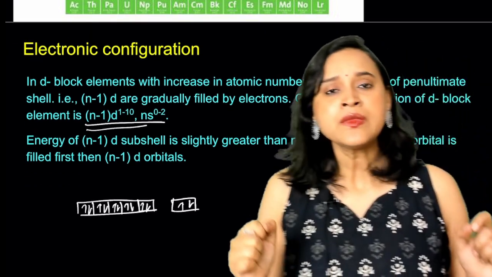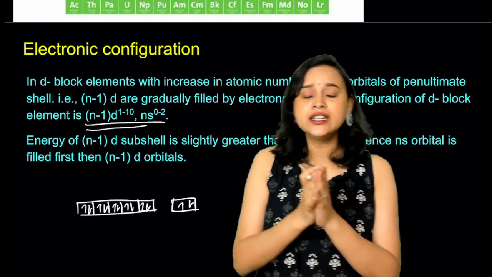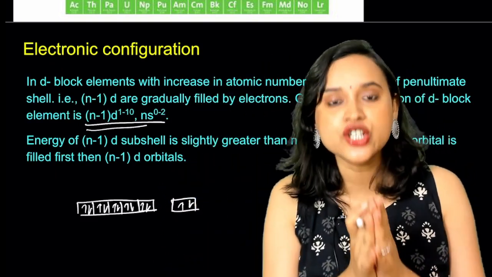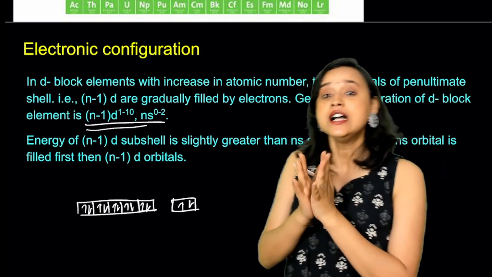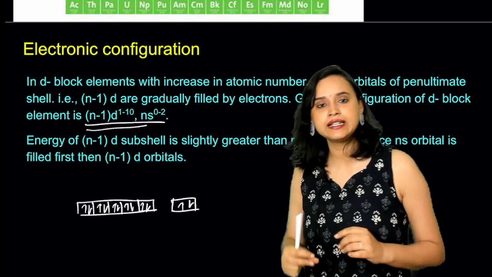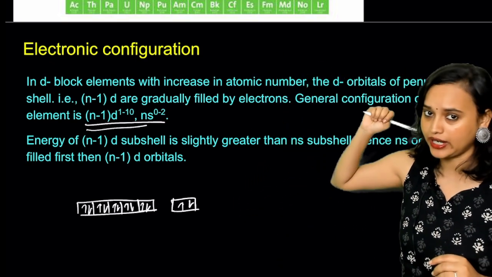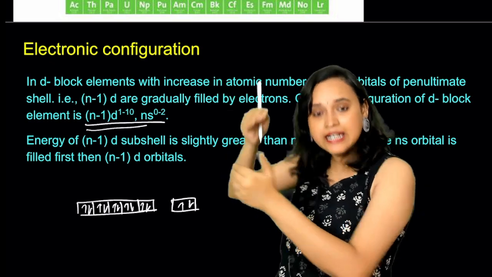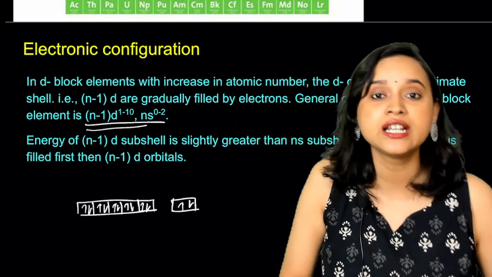Now, the (n-1)d orbital is also called the penultimate shell. Why do we call it the penultimate shell? Because the last shell is actually 4s, and the one just inside the last shell is called the penultimate shell.